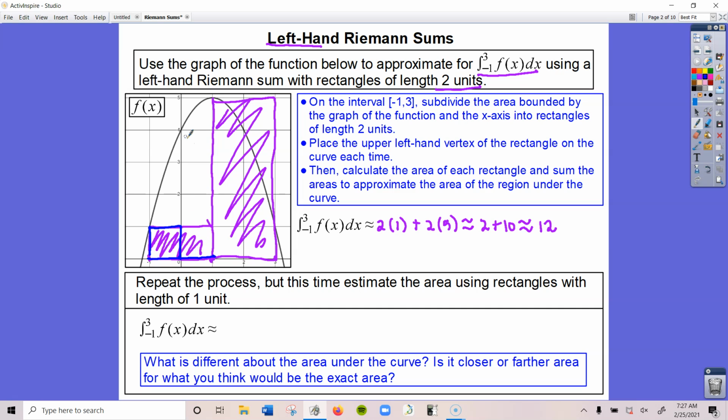This is my next rectangle. Sorry that they're not very clean. Then my next rectangle. And then our last rectangle here, which is determined by this height. So now these are the rectangles that I need to find the area for.